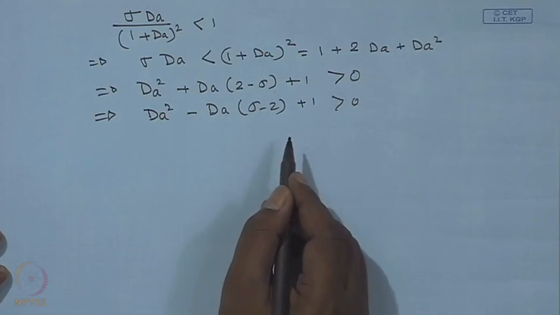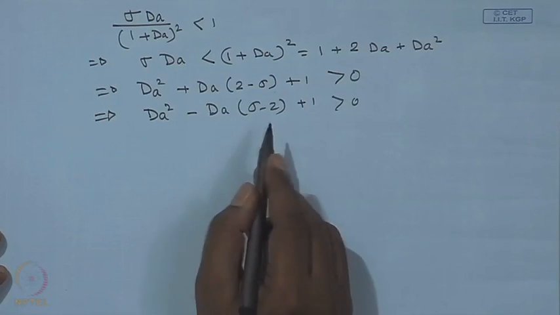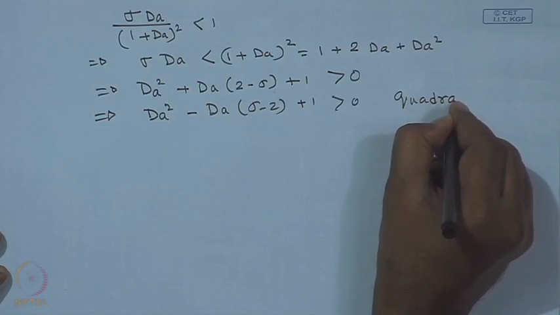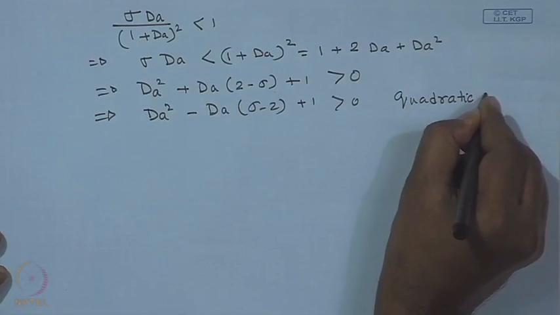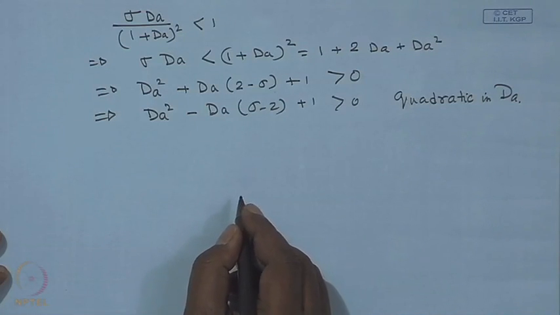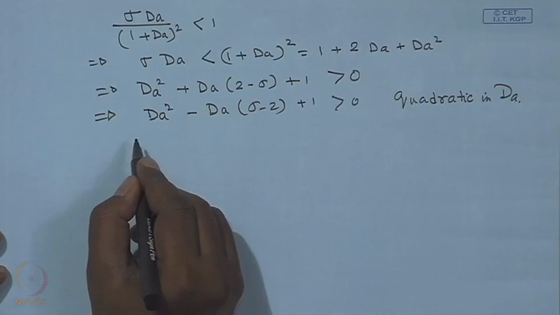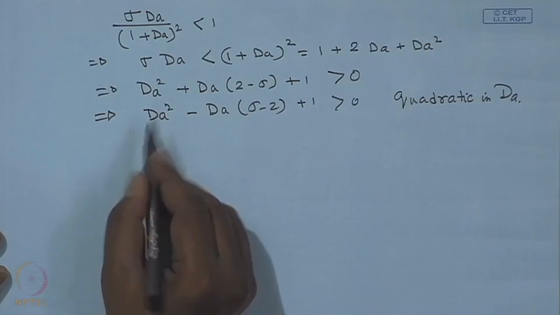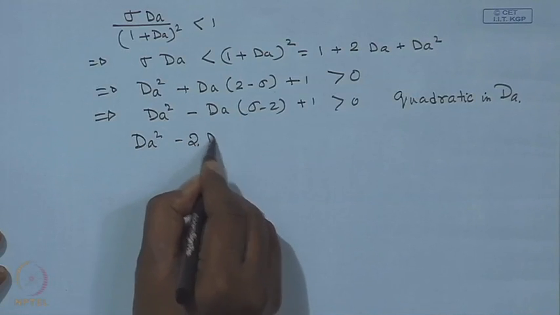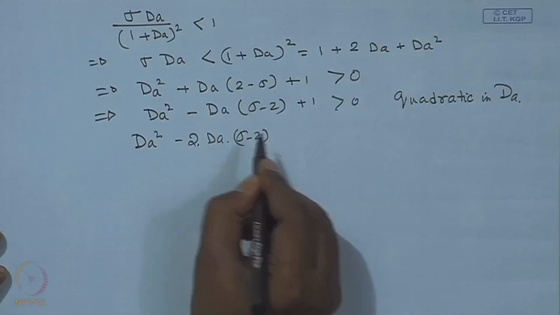Now, let us try to solve this equation in terms of dA. It has become a quadratic in dA, so we do a mathematical analysis of this equation and see what we get. So, dA square minus 2 times dA times sigma minus 2 by 2.